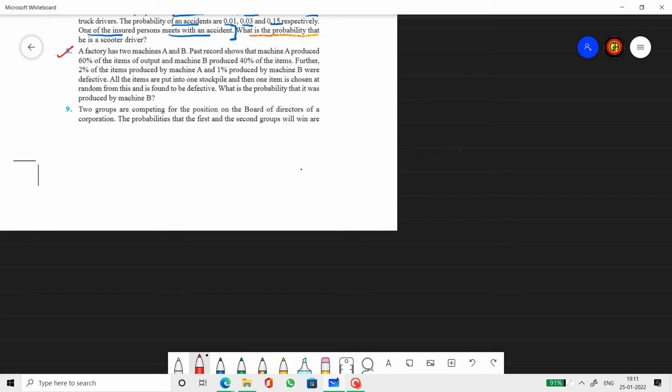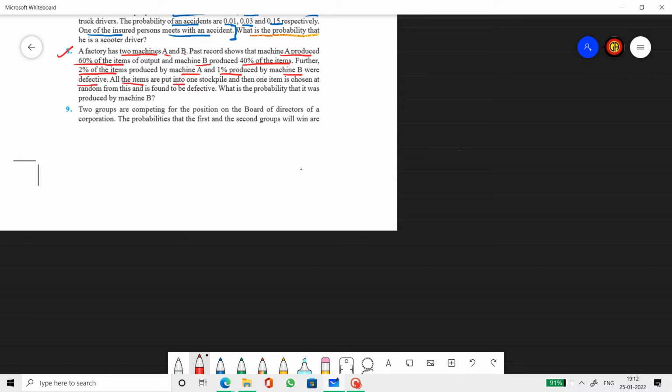Question number 8. A factory has two machines, A and B. Past record shows that machine A produces 60% of its items and machine B produces 40% of the items. So out of the total production, 60% is done by machine A, 40% is done by machine B. Further, 2% of the items produced by A and 1% of items produced by B were defective.